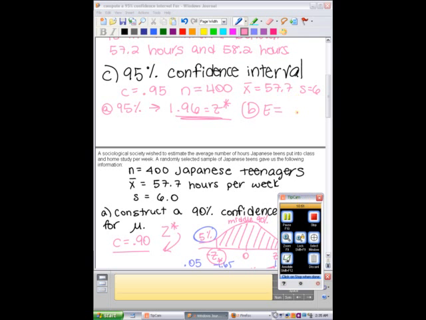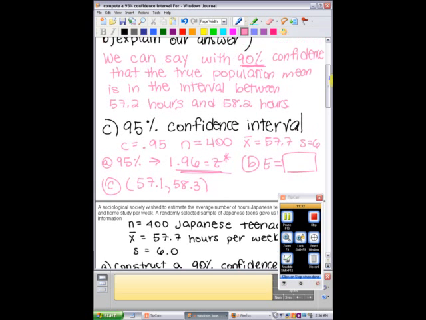Okay, so whatever you got here, for this one, if you round to one decimal place, just because we rounded to one decimal place in the last one, it just worked out that way.